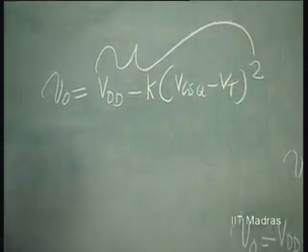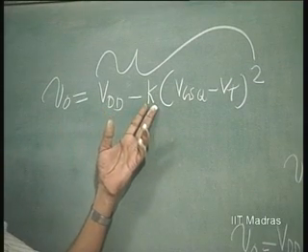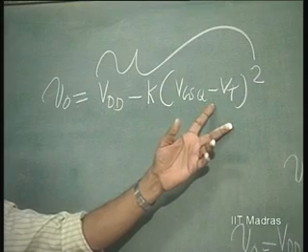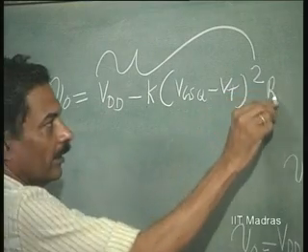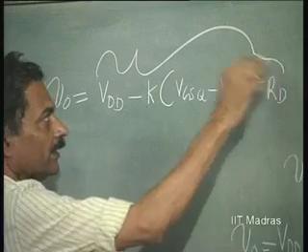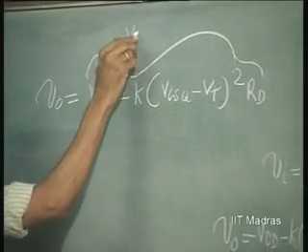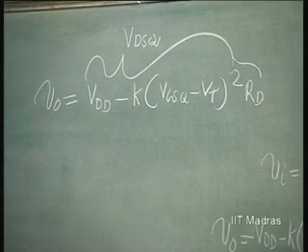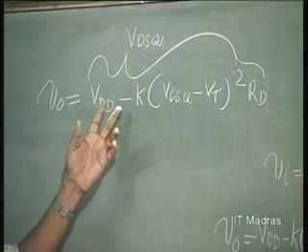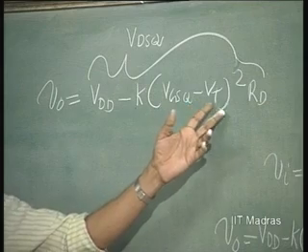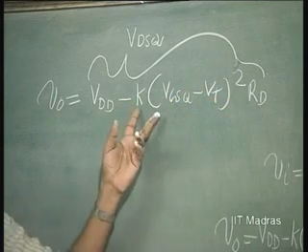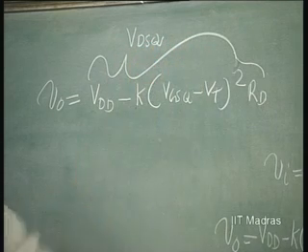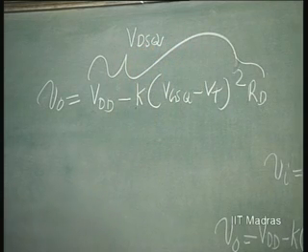This whole thing, VDD minus K times (Vgsq minus Vt) whole squared into Rd, where K times (Vgsq minus Vt) whole squared is nothing but IDSQ. So, strictly speaking, this whole thing is what is called VDSQ, the quiescent operating point of the FET, which is IDSQ into Rd subtracted from VDD, a DC voltage.